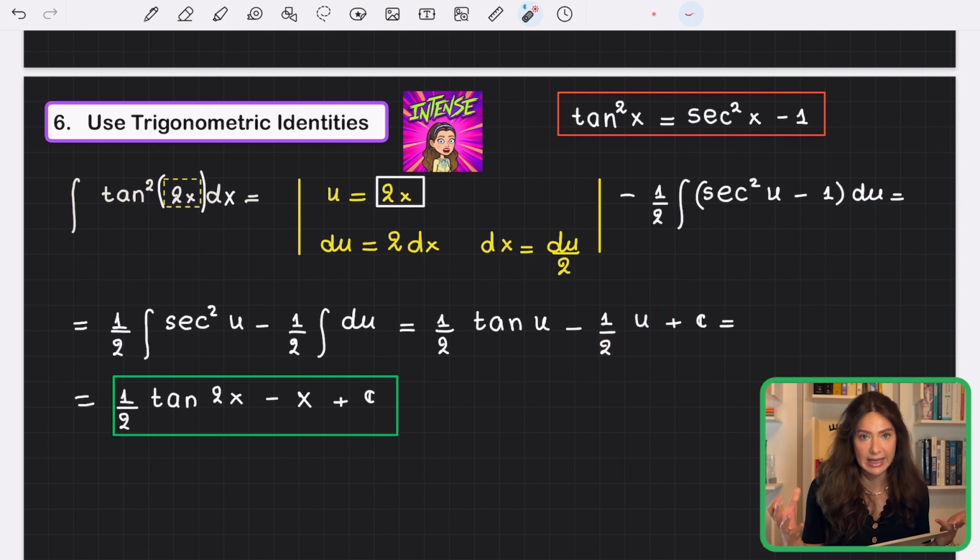These would always get canceled. I would always end up with x. And that is the reason, because I did u sub at this step, which I shouldn't have. It's a correct solution. And in fact, a book would have it this way, but I don't think it's actually sleek, because the other way is better.